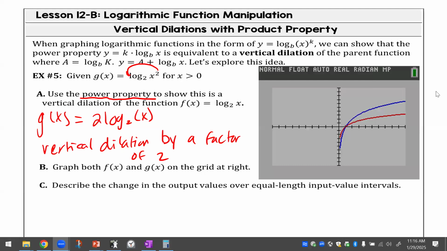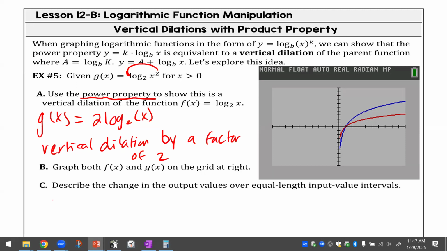All right, so now we're going to describe the change in the output values over equal length input intervals. This is that AP wording that's so fun to try to interpret. Essentially, it wants us to say, as your x increases, how did it change from f of x to g of x? We're going to write this one together just to get used to the format.